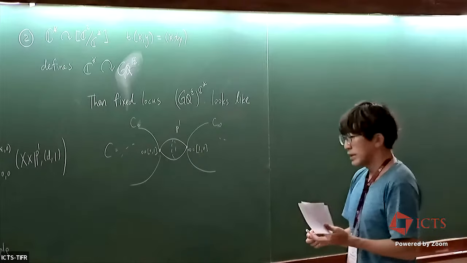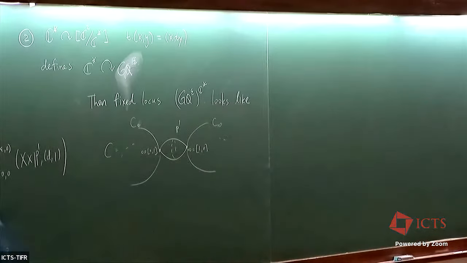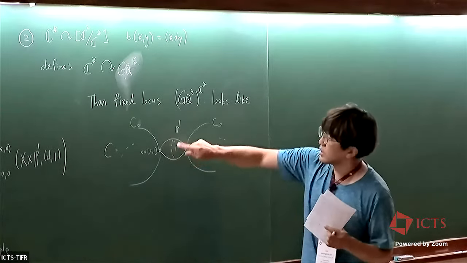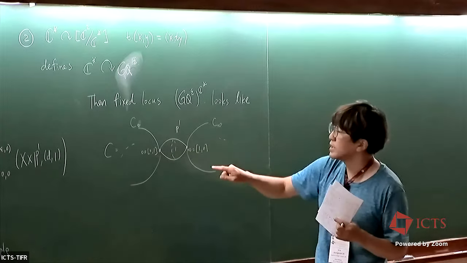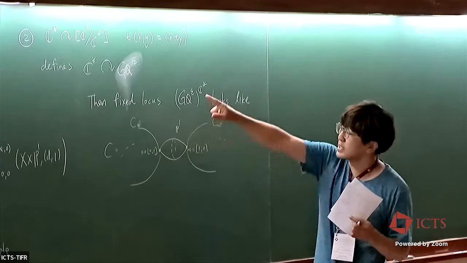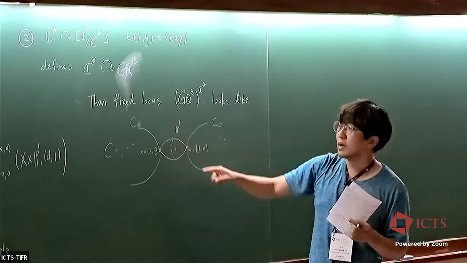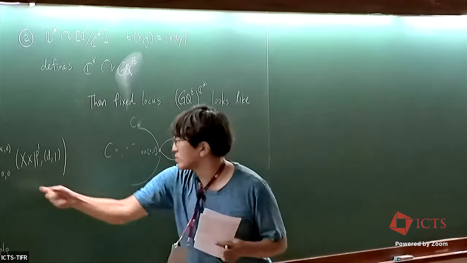Anyway, now on the fixed locus, other than 0 and infinity, because it's moving by the C star action, we don't have any. So we only consider normal points, right?